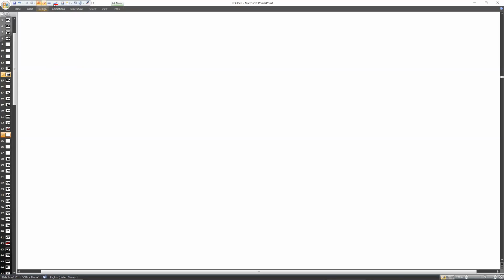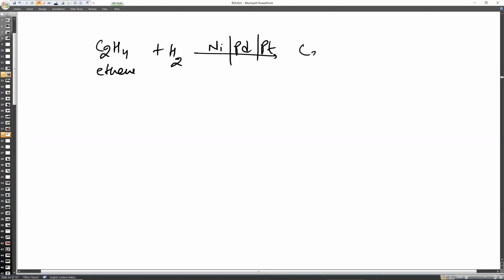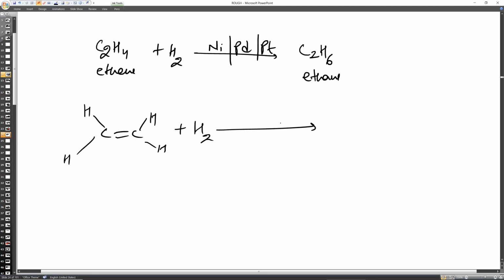Anything that increases the rate of a reaction but does not participate in the reaction is called a catalyst. For example, in hydrogenation reactions, we have an alkene like C2H4, ethene. When we pass hydrogen gas to it in the presence of nickel, palladium, or platinum, it gives you an alkane, ethane, with a single bond now.